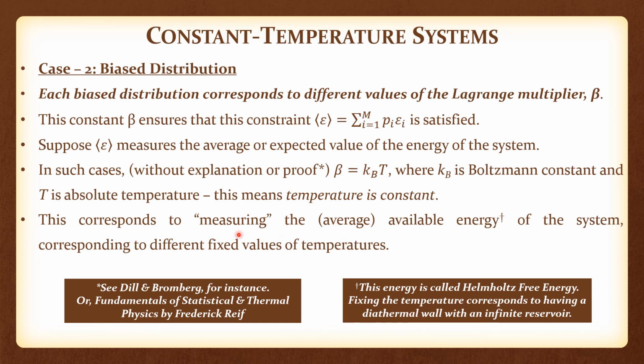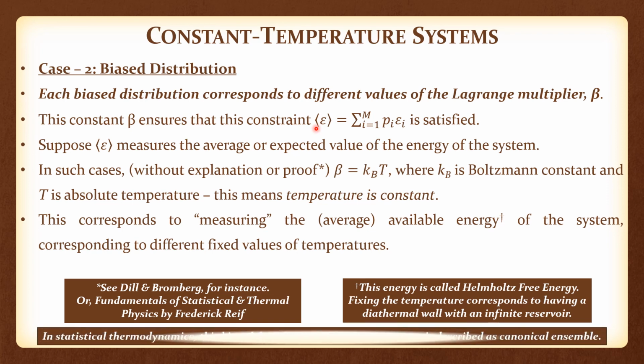And eventually I fix this particular value of temperature, and now the available energy that I am measuring is the expected value of the energy, that is the Helmholtz free energy. This is a different energy compared to the internal energy of the water itself. The measured energy corresponds to that energy that will maximize my system's entropy.